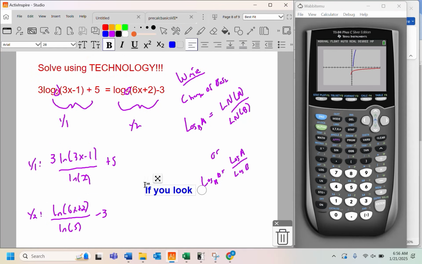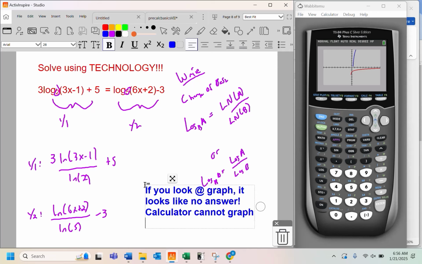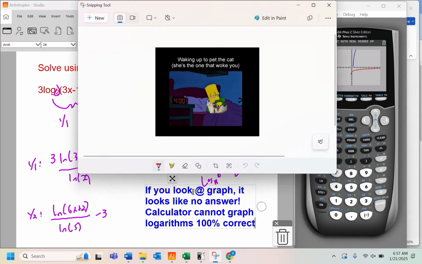If you look at the graph, it looks like there is no answer. Calculator cannot graph logarithms 100% correct. Can't do it. I'll show you what I mean by that.